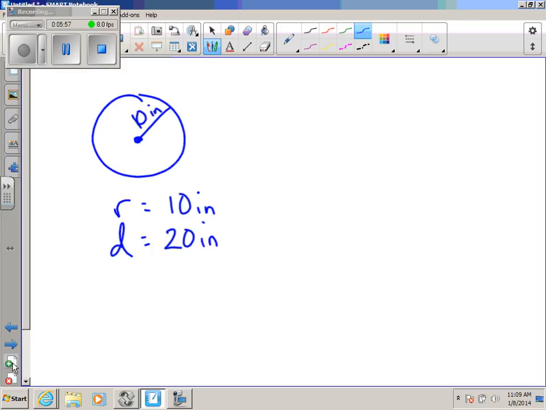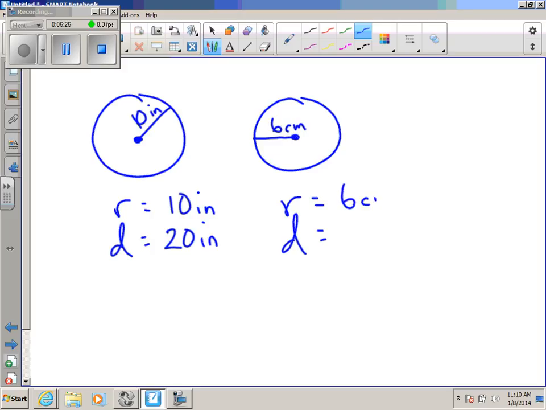Okay. If I have another circle, and we'll say it's 6 centimeters, all I need is that measurement to find R and D. What do you know? Casimir? Which is that, R or D? R is 6. Then D must be 12.